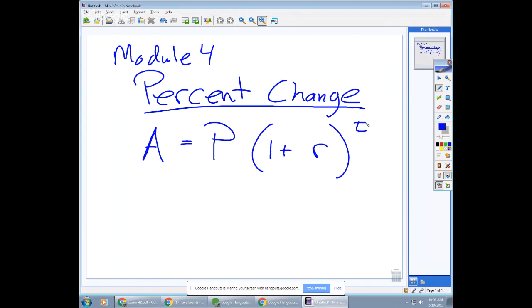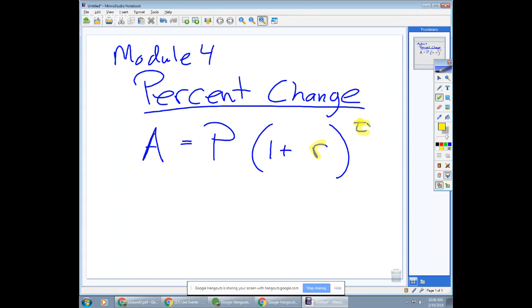So what are some important relationships about the percent change R and the time that goes by? Well, they have to be the same time period. Yeah. So if the rate is a yearly rate, time has to be in years.